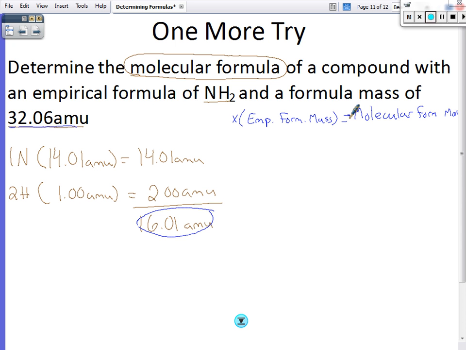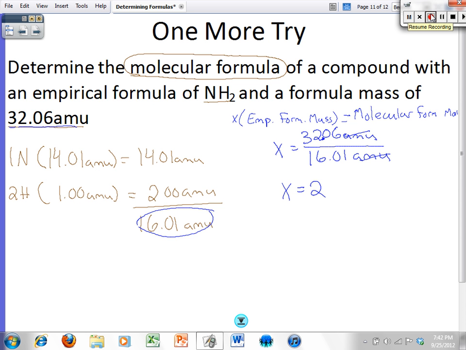I do a little algebra, and I get X equals molecular formula mass on top, 32.06, actually the decimal gets in there, AMU, and I divide that by 16.01 AMU, and I get an X that I can round up to 2. AMUs cancel out. So I know my factor I'm multiplying my empirical formula by is 2.